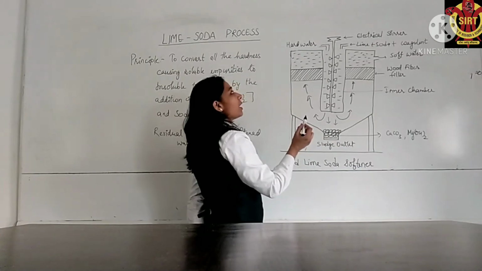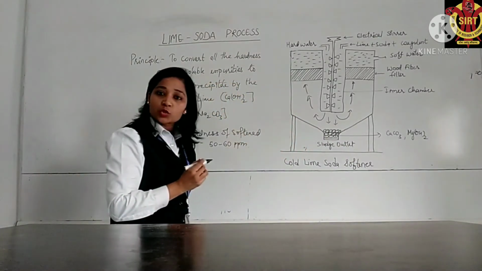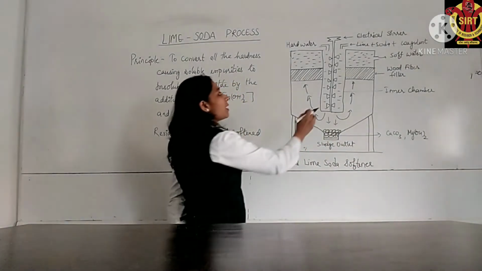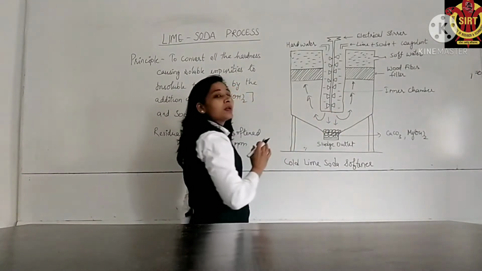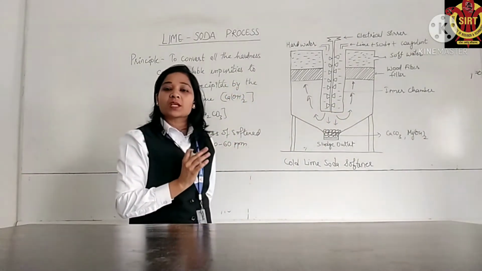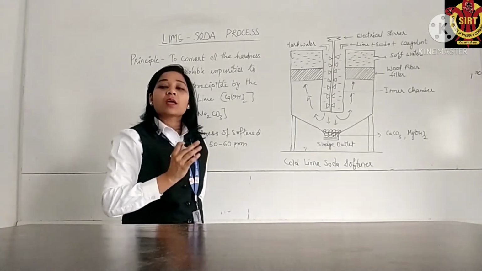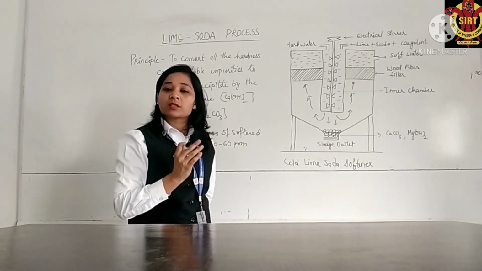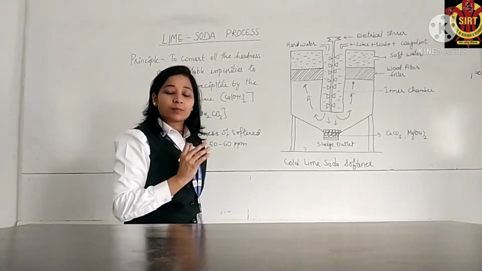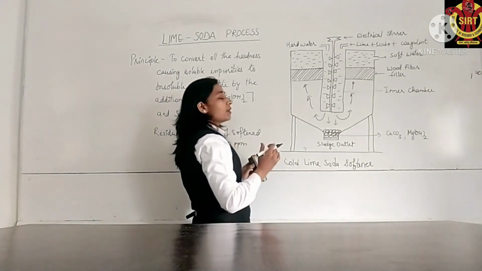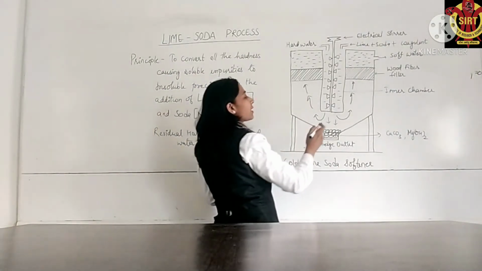That lime, soda and coagulant react with hard water, and here a stirrer is also working in it. That stirrer is used to mix the hard water and lime, soda and coagulant in correct proportion, and the rate of the reaction increases in this case.